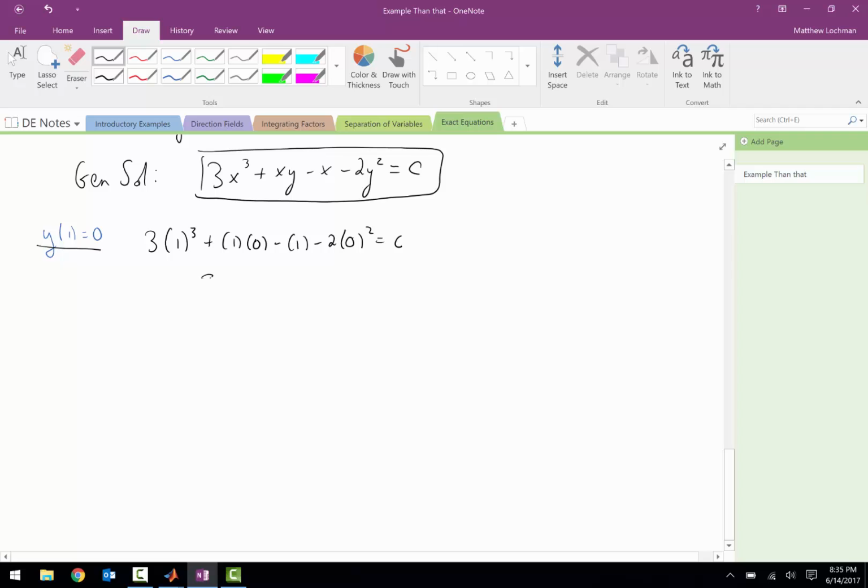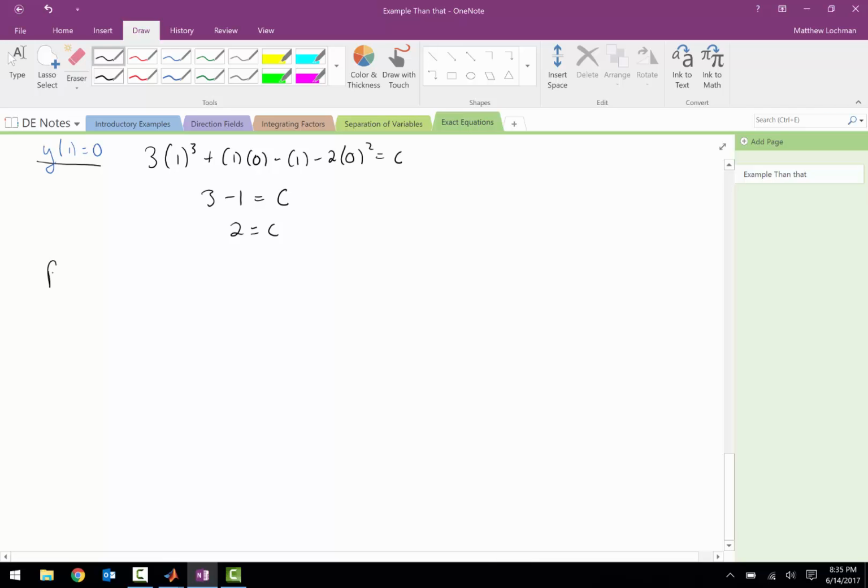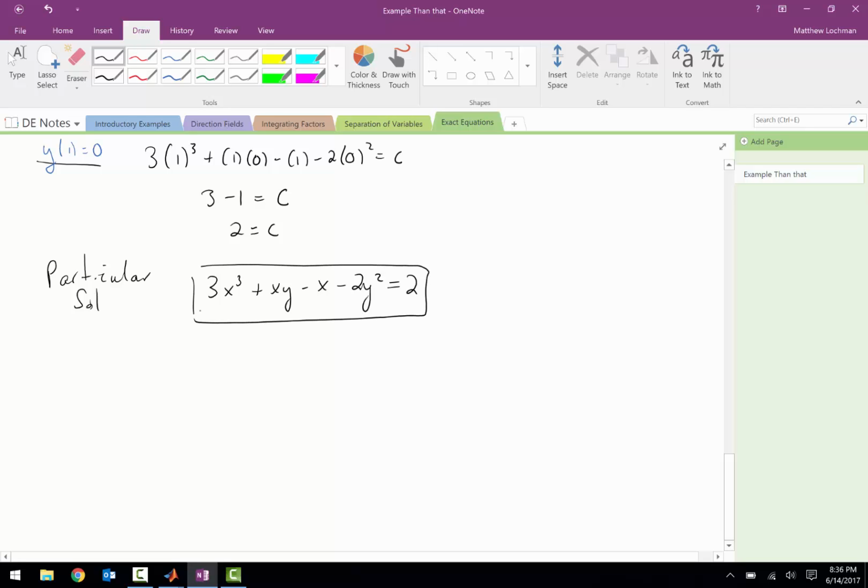Okay, so I have 3 minus 1 equals c, so c is 2. All right, so the particular solution is 3x cubed plus xy minus x minus 2y squared equals 2. Okay, now this is the implicit form of the solution.